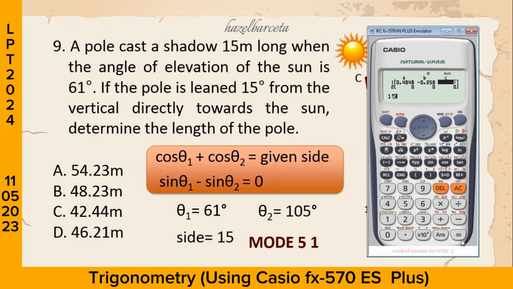Automatic na po na yan na po yung pipindutin ng ating daliri. So, sa second row, sine theta 1 is 61. And the second is negative sine theta 2. So, negative sine theta 2, which is 105. The close parentheses, wag pong kakalimutan, and 0. Equal sign. So, we have x is equal to 59.89.